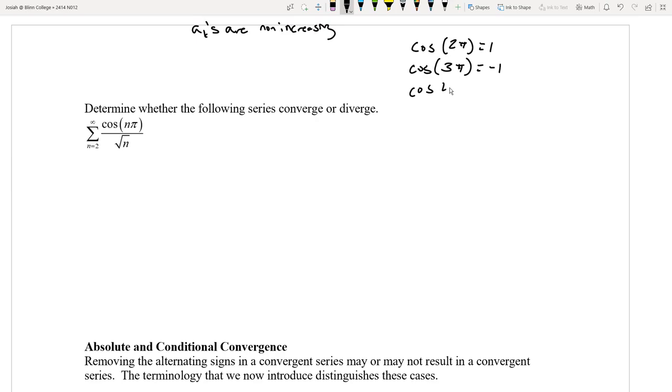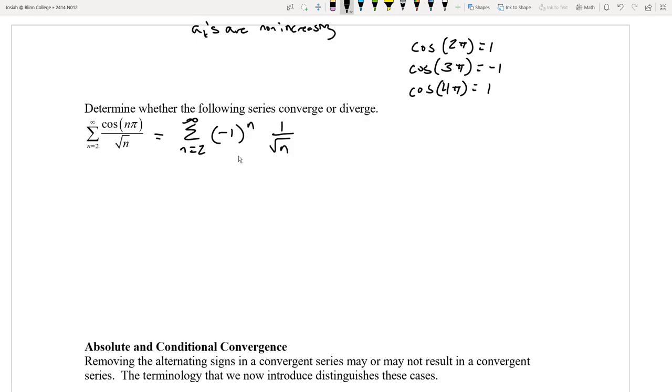Cosine of 4 pi, we get +1 again. So we can actually even say that this is equal to n equals, let's call it 2 to infinity. And we can say the first term starts out positive, so -1 to the n times 1 over root n. We can actually say that these are the same series. They have all the same terms, right? So that's what we got then.